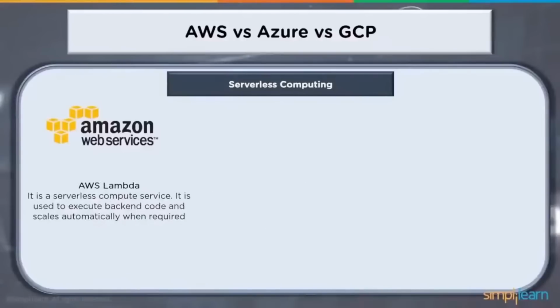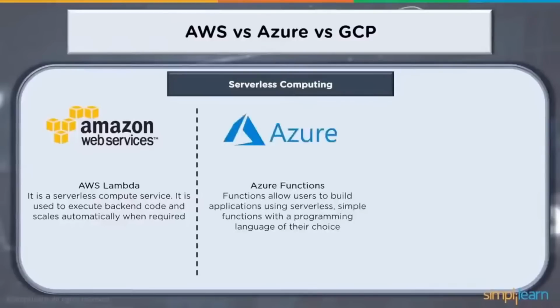When we talk about serverless computing, Amazon's AWS Lambda is a serverless compute service. It is used to execute backend code and scales automatically when required. When we talk about Azure, you have something called Functions, which allow users to build applications using simple serverless functions with a programming language of their choice.